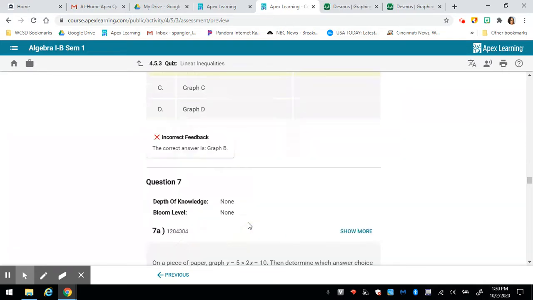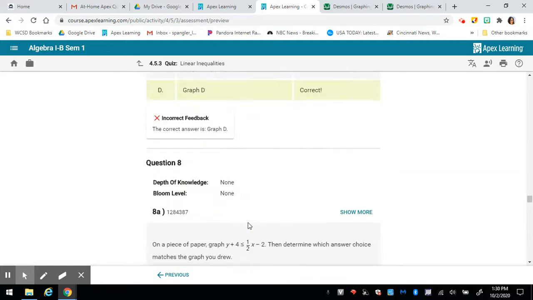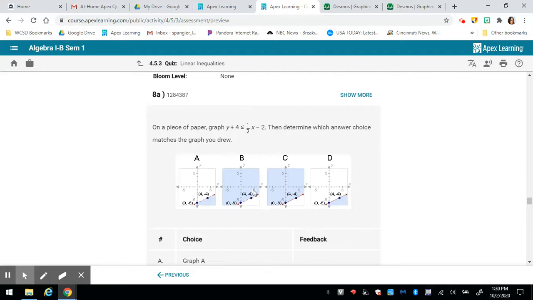And our last example we're going to look at is 8. So if we look at this, it tells us on a piece of paper, we're going to graph this equation and then determine which choice matches the graph. That looks really complicated, but not really, because we can just look at our sign, know that it's less than or equal to.